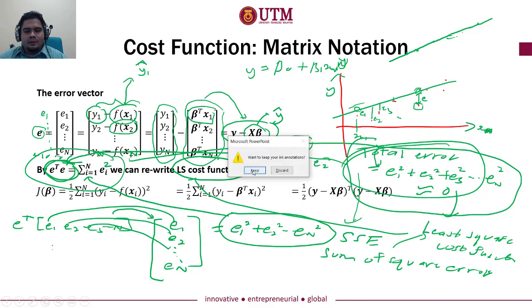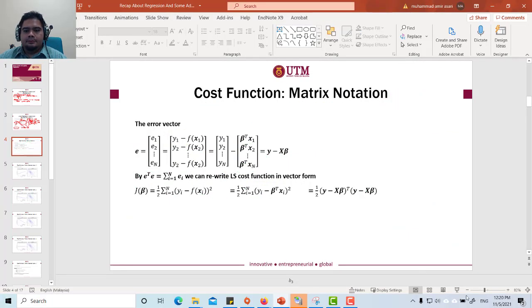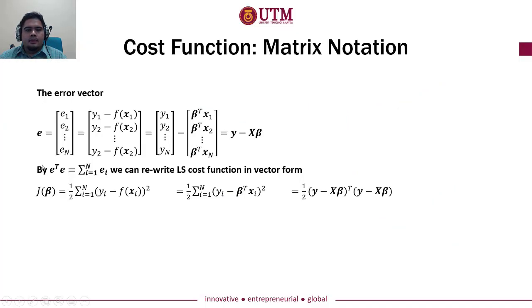So let's go back to this discussion because we have not finished yet with this slide. At the end, this is how the cost function looks like. In general, they use the notation J to represent your cost function.